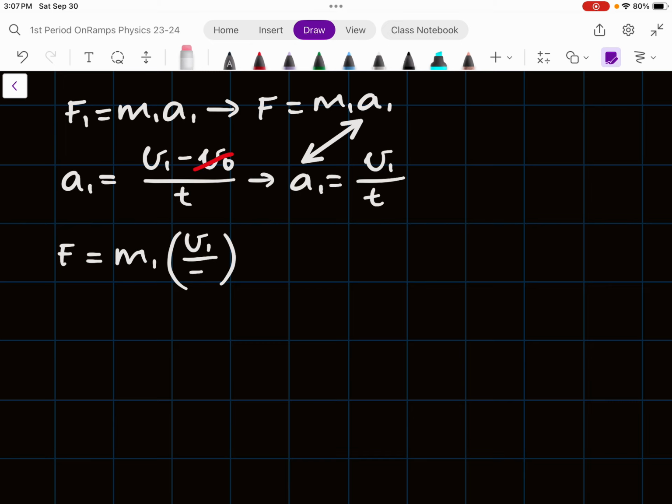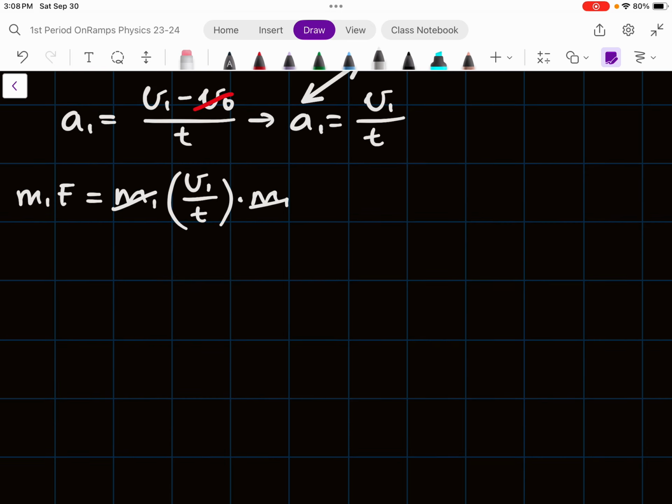And they're asking me information about the velocity, so I should solve for velocity. Multiply times mass 1 both sides. So then I'll have, I use the reflexive property, velocity 1 over time is equal to force 1. Oh wait, I'm not multiplying times the mass. Sorry. Don't freak out. I made mistakes too. So I divide by the mass 1.